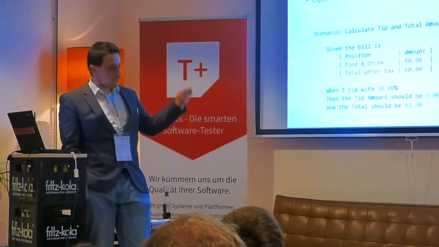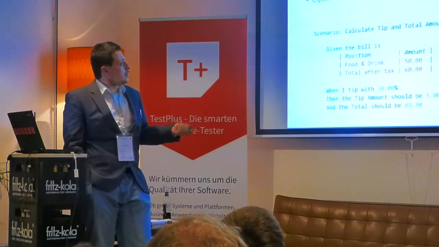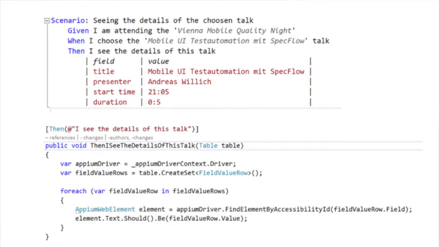The other part is, you can write this scenario, but how does the test know what to do? For that, you have to write so-called bindings. In this case, we have here a scenario, and here is the binding of this then step.